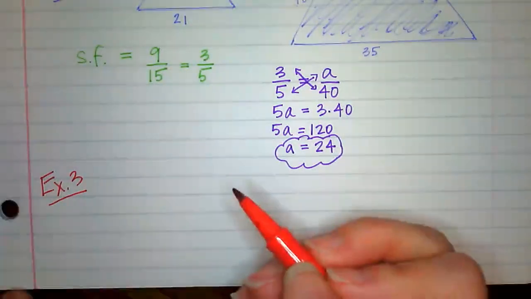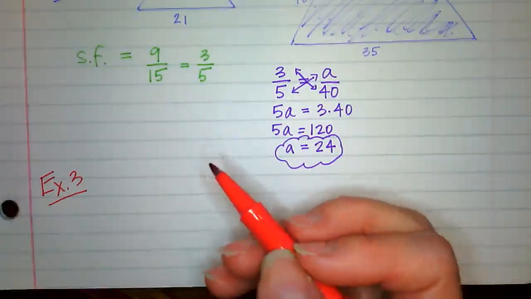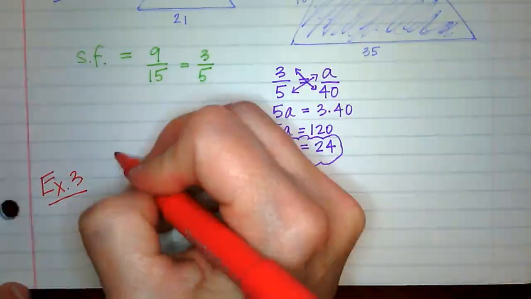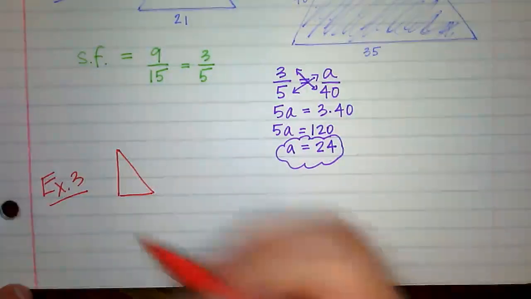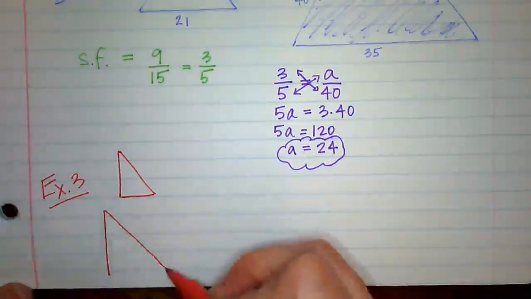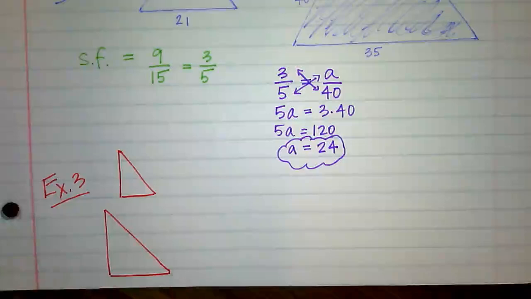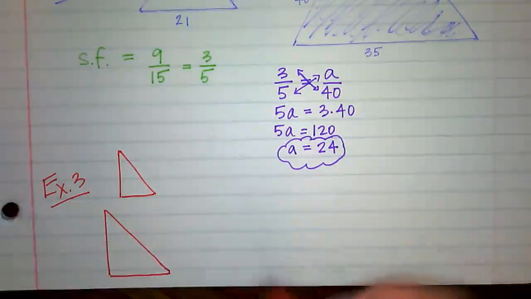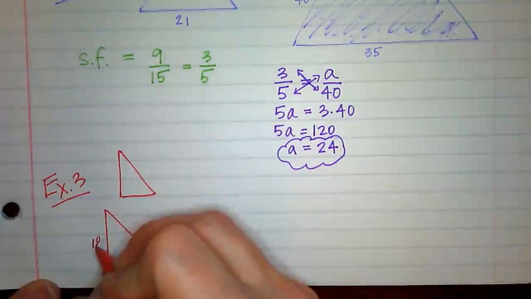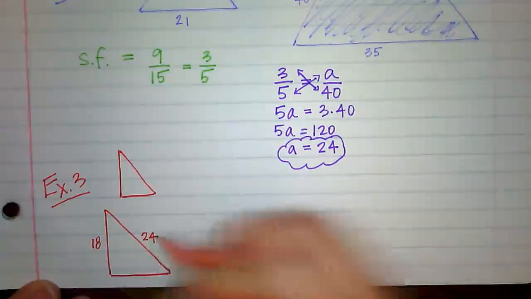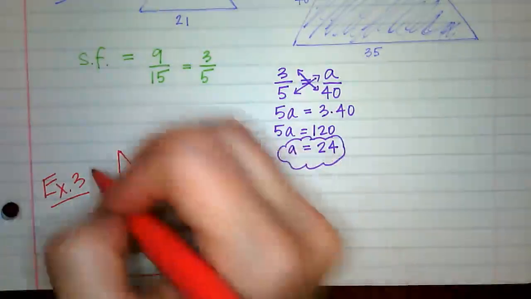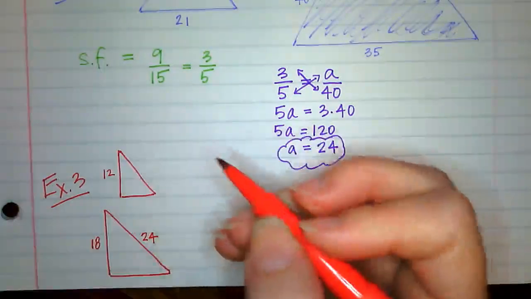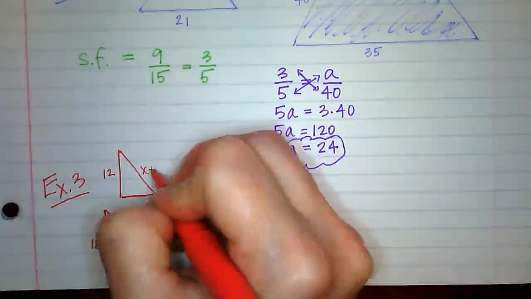Let's do a triangle. All right, so we have 2 triangles. They are similar. I'm going to tell you that this one is 18 and 24. This one we'll say is 12 and x plus 9.